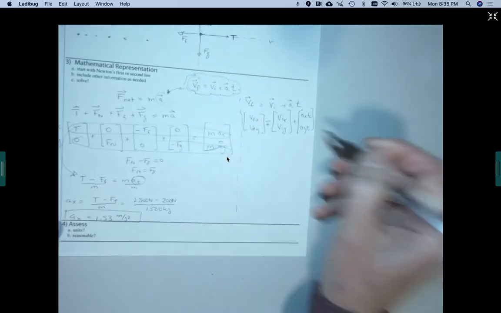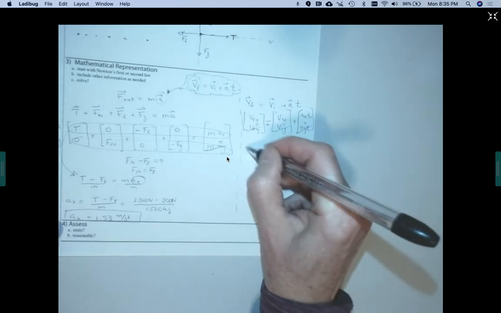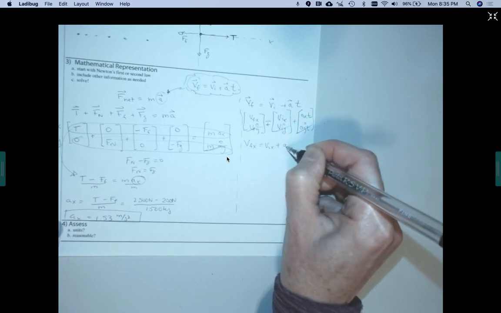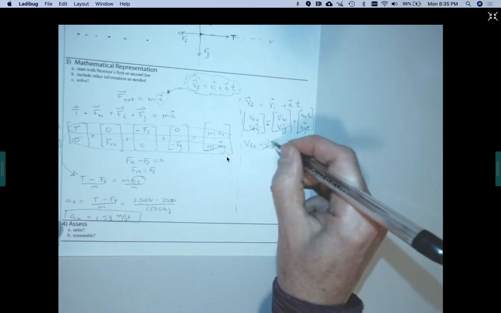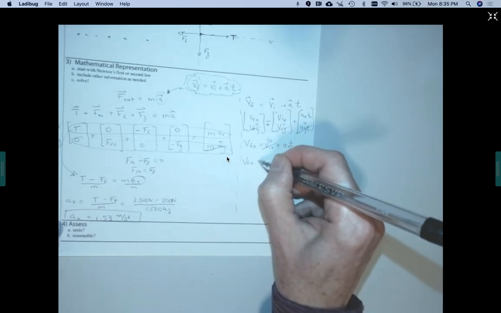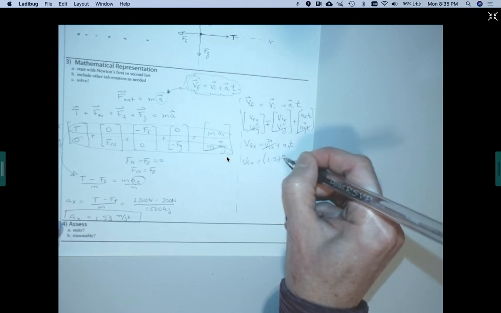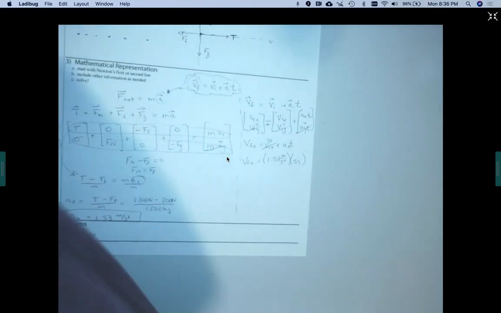Of course, everything in this case is 0 in the y direction, so you just end up with the x. V final x is v initial x plus axt. And it starts from rest, so that's 0. So v final x is our acceleration, 1.53 meters per second squared, times our time, 5 seconds.